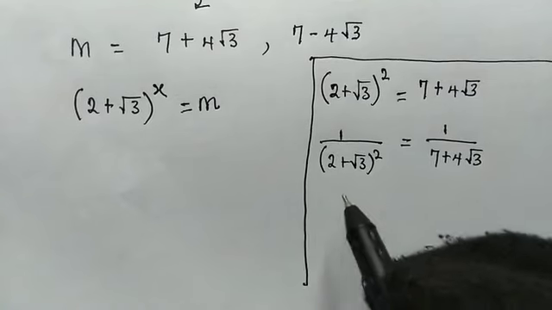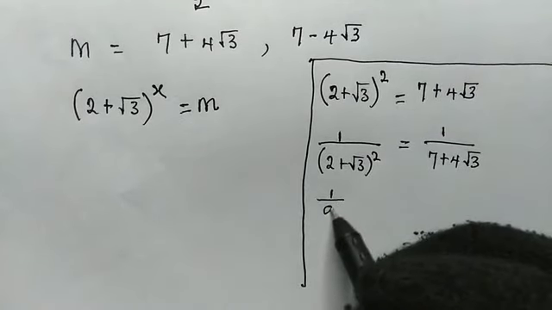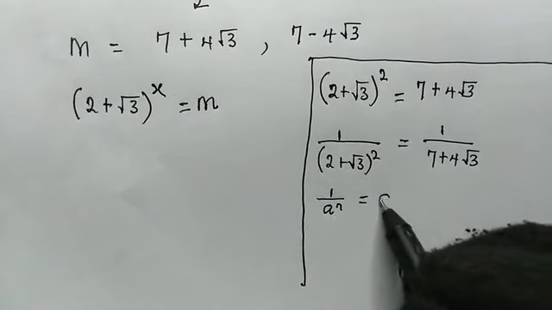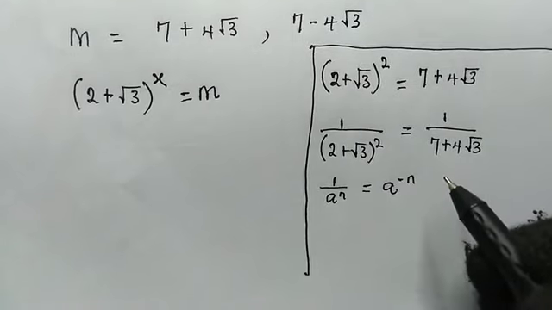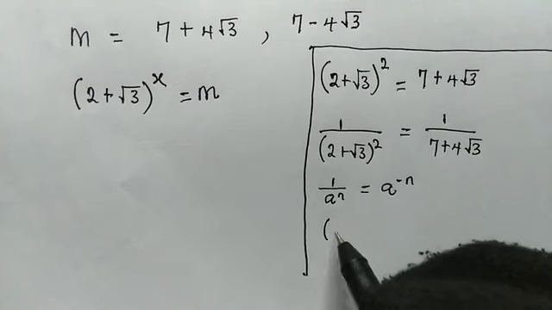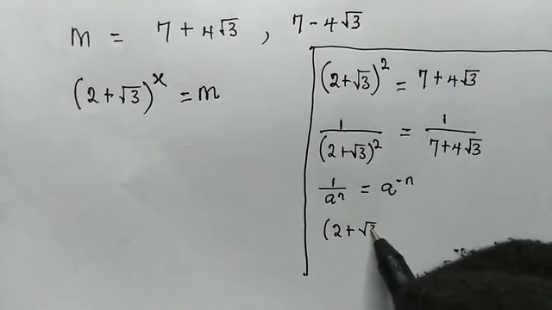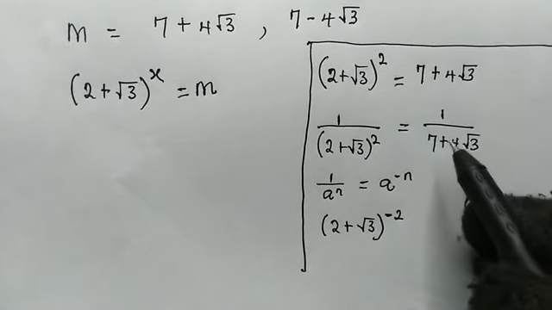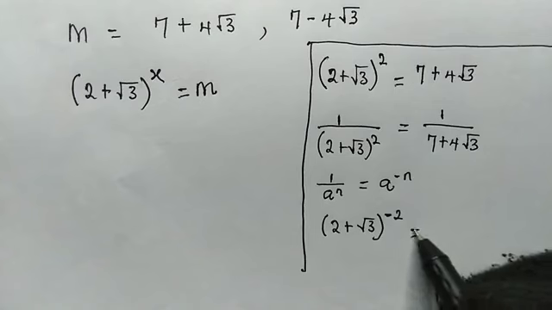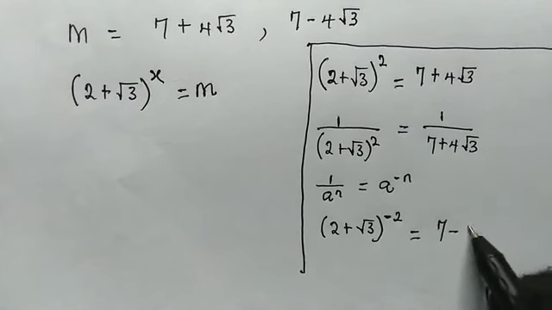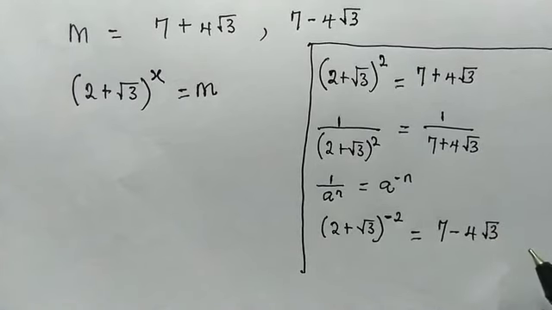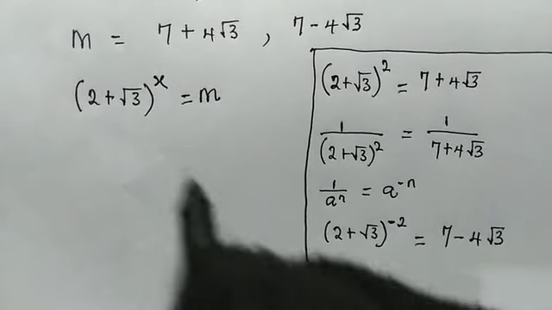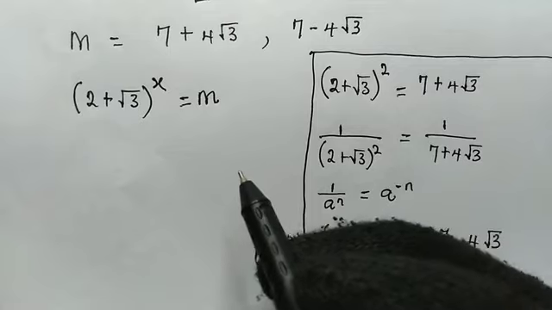Let us take note of this: when we have 1 all over a to the power of n, this is equal to a to the power of negative n. So this is the same as 2 plus root 3 to the power of negative 2. If you rationalize this carefully, that will be exactly 7 minus 4 root 3. Amazing.